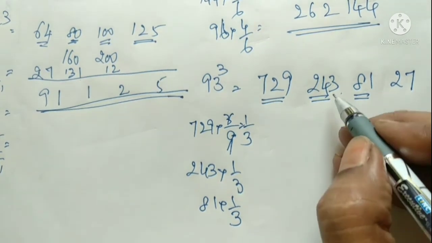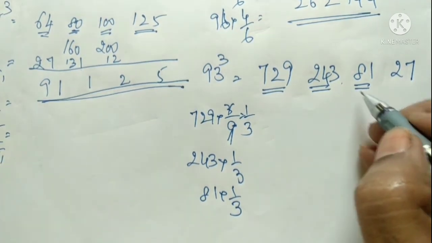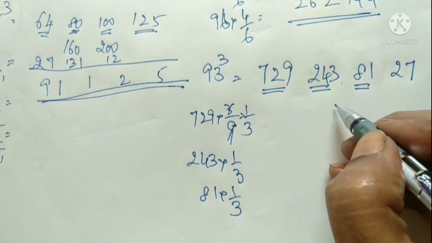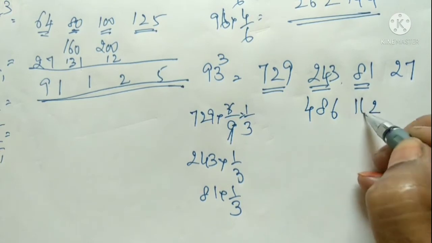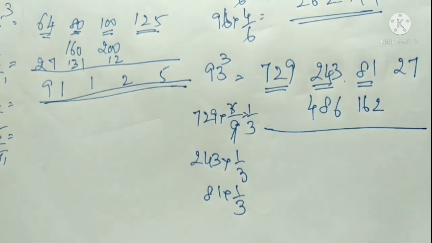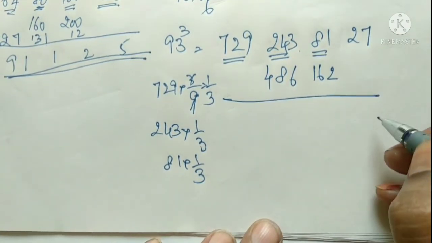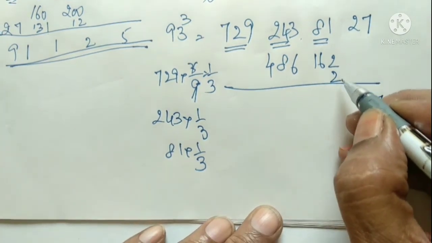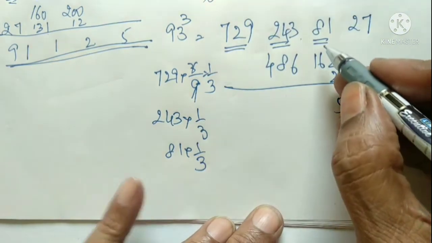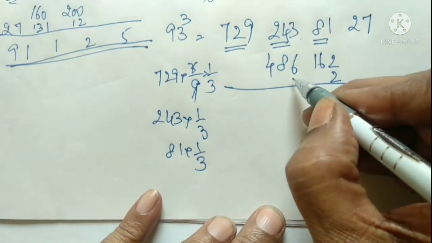Now, the middle numbers are to be multiplied, means they are to be doubled. 486, 162. Let us add. This 2 is to be added here. 2 plus 2 plus 1 is 5. 8 plus 6 is 14.